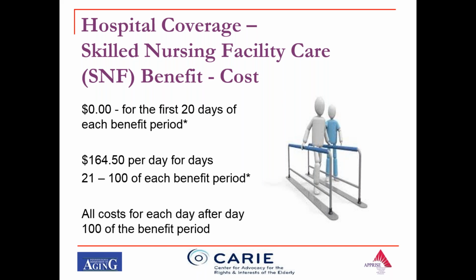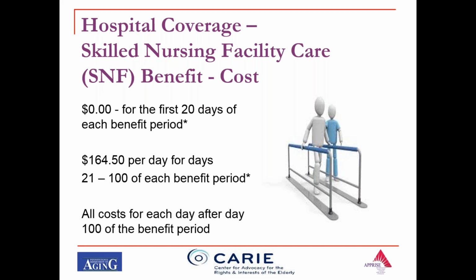Just to let you know, in the event that a skilled nursing facility or SNF is recommended, if you just have that red, white, and blue card, you're not going to have a copay for the first 20 days in that SNF. But then from days 21 through 100, when you're getting those skilled services in the SNF, the copay could be $164.50.